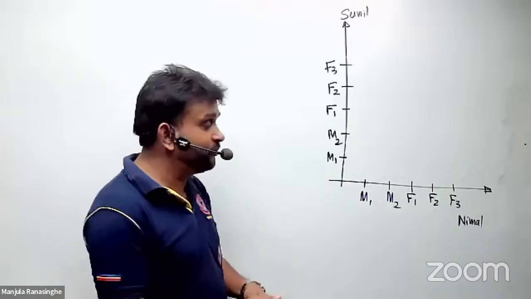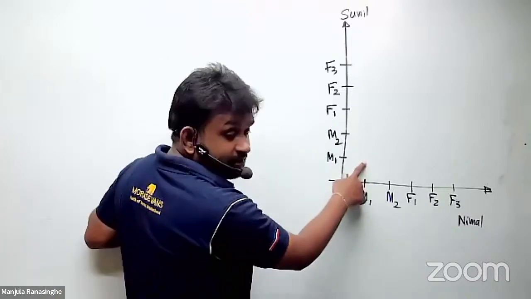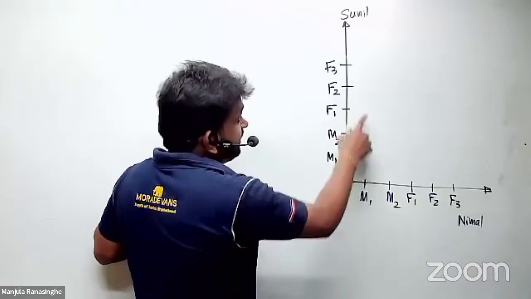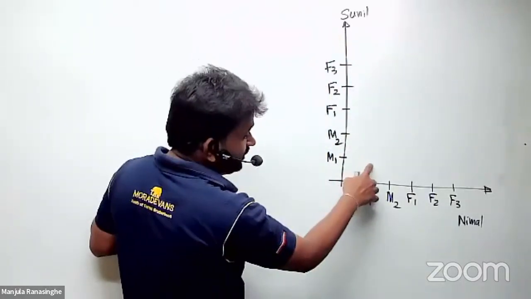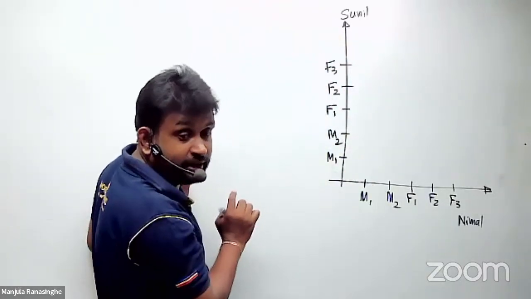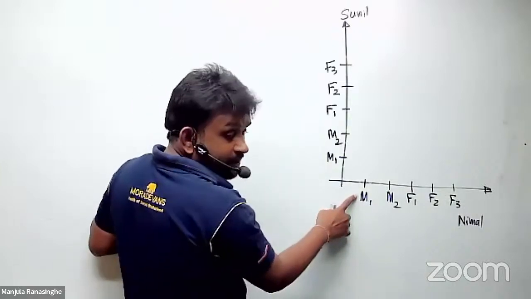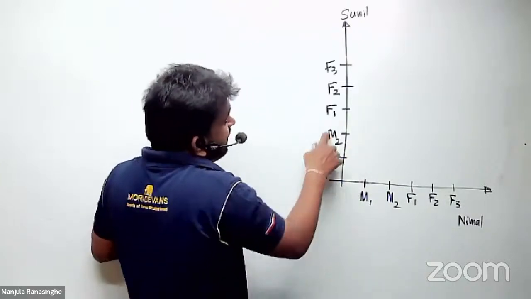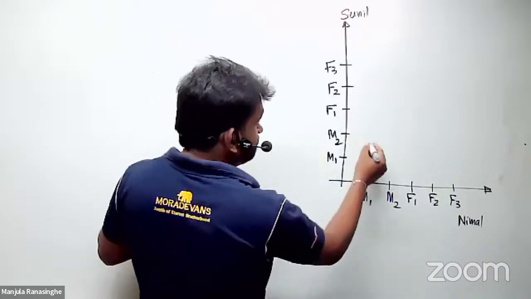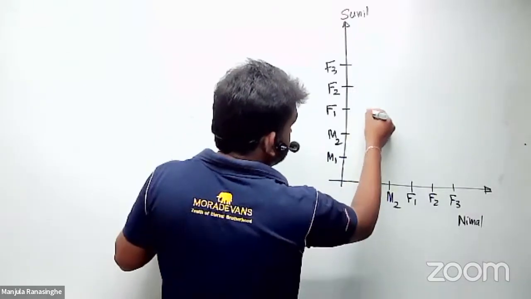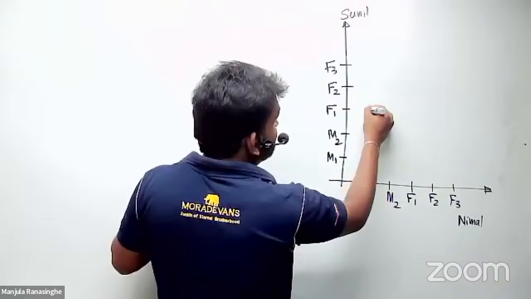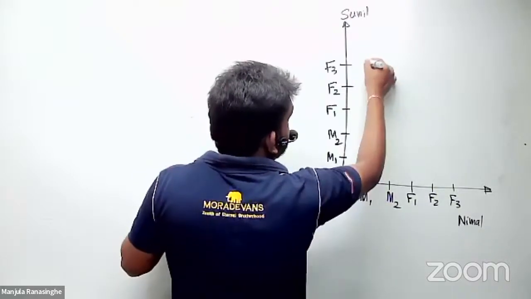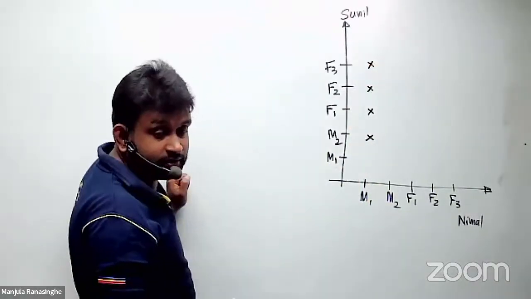Now if M1 is taken by Nimal, there is no chance to take it by Sunil. So that is not available, right? That incident cannot happen. So M1 is taken by Nimal, but M2 can be taken by Sunil. So that is available, right? M1 taken, then F1 is there, right? So likewise, this is being filled.